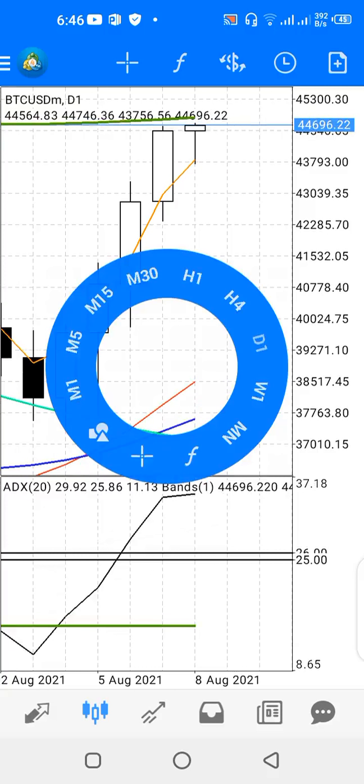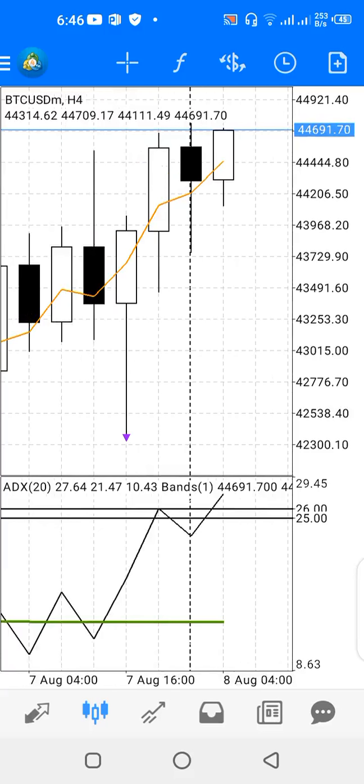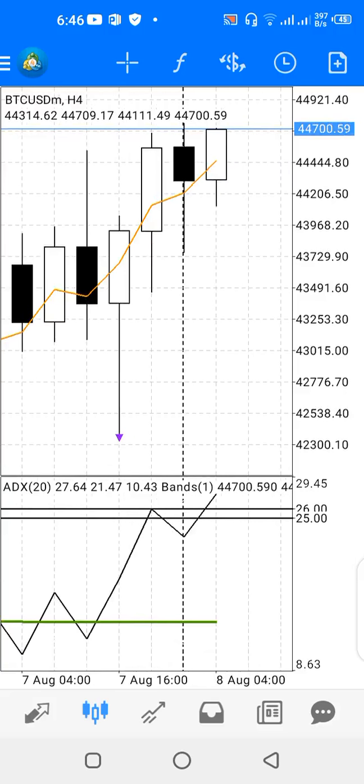And then on the 4 hour, you can see the current 4 hour candle is completely overshadowing the body of the previous 4 hour candle. So you have more like an inside bar breakout to the upside.